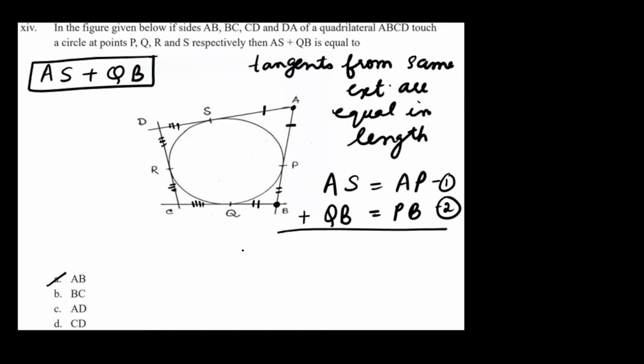If we add, the left hand side gets added with the left hand side. So AS plus QB is equal to AP plus PB, the right hand side added with the right hand side. If you see here, AP plus PB, if you add, it becomes equal to AB.